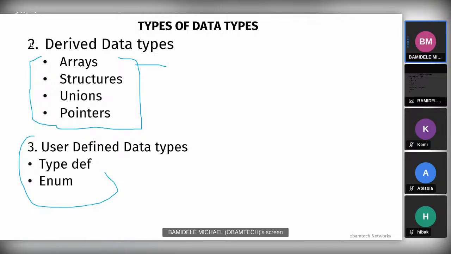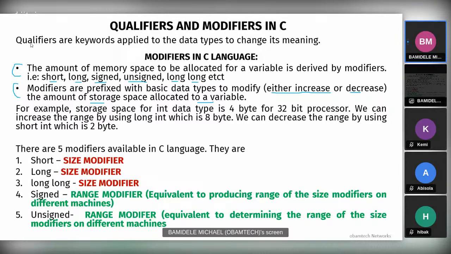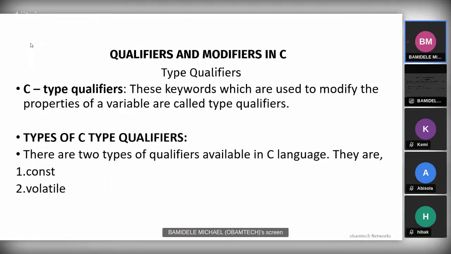We've also talked about qualifiers and modifiers in C, where we explained that qualifiers are keywords which, when applied to a data type, change its meaning, and type qualifiers affect the properties of a particular variable.